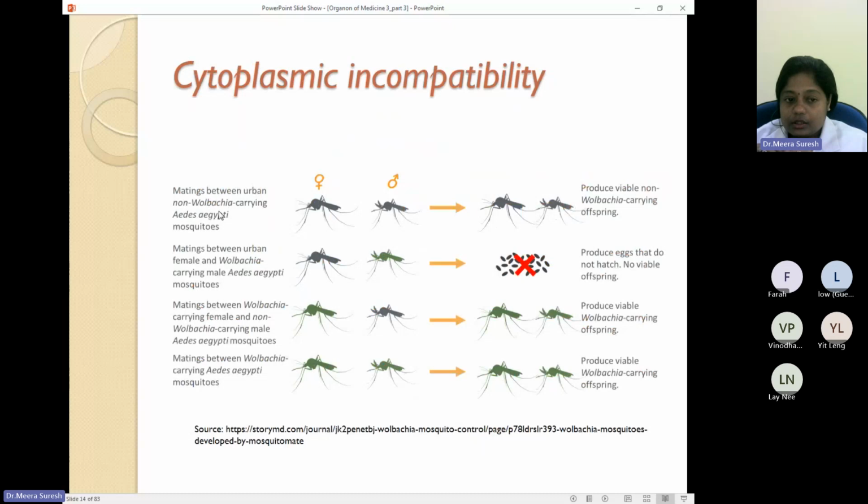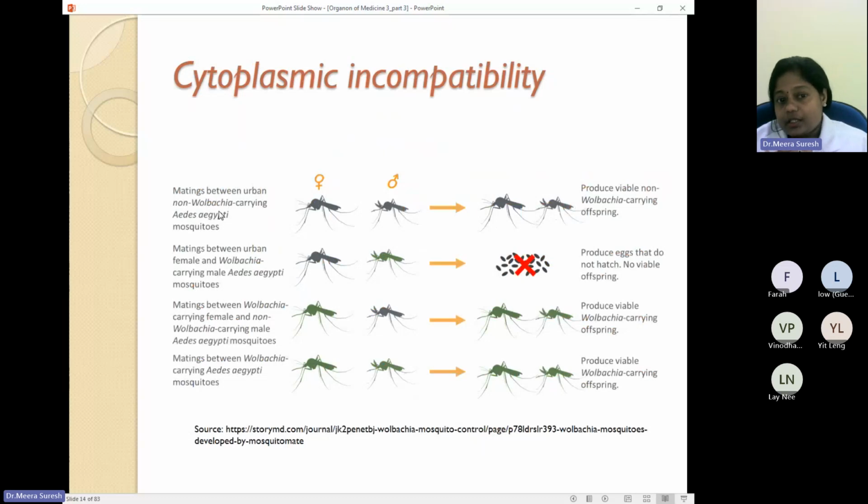It has been found that if this bacteria infects mosquitoes, especially male mosquitoes, it resides in the cytoplasm of the mosquito cells. The bacteria produces changes in the body of the male mosquito, and also in its sperm.